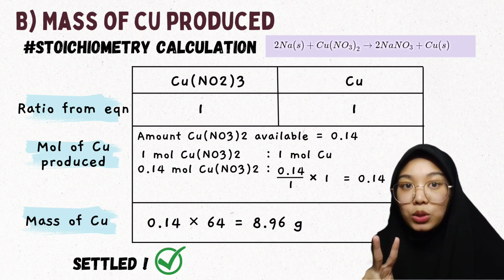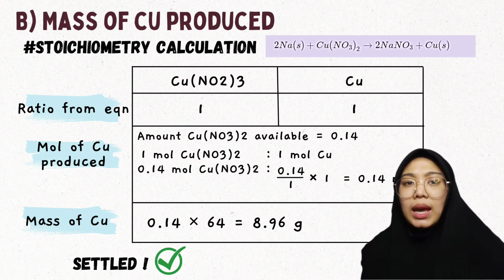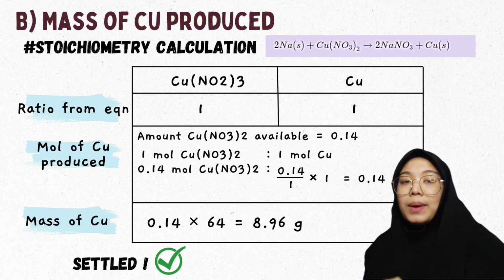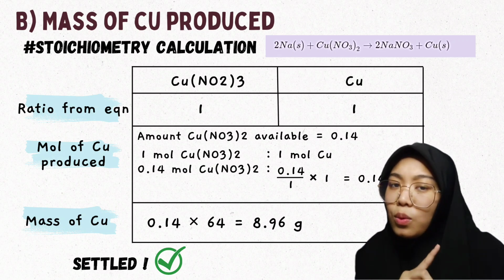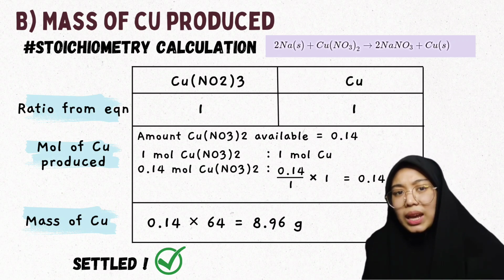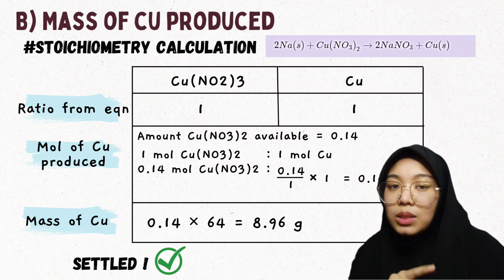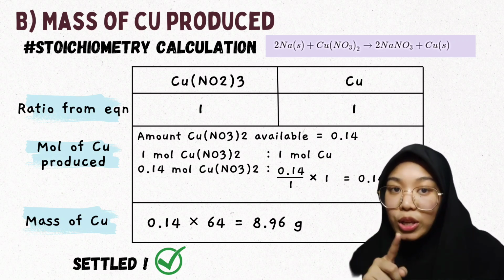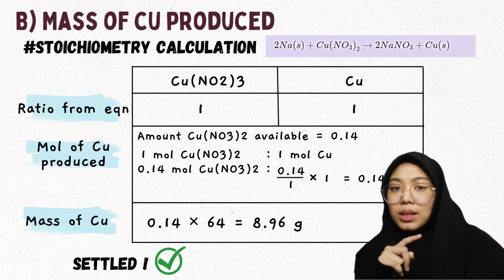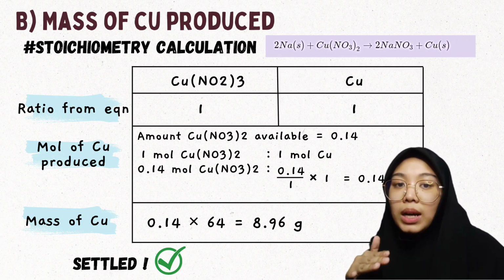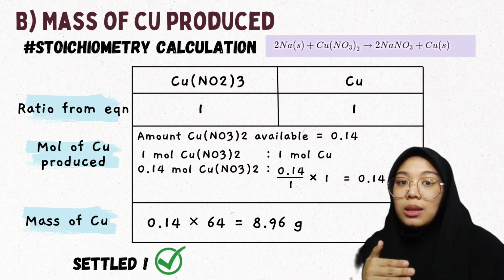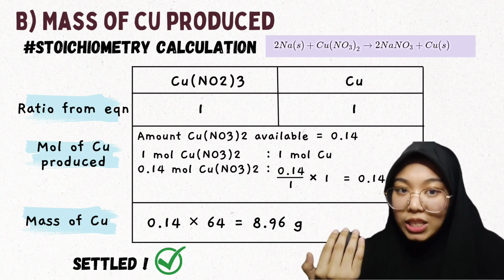Move on to number 2, mass of copper produced. It might be a little bit tricky, but as long as you follow the step, you won't get lost. So actually, the area of chemistry that deals with the amount of substance formed and consumed in the reaction is stoichiometry. In stoichiometry calculation, the maximum amount of product that can be formed in the reaction is determined by the limiting reagent.